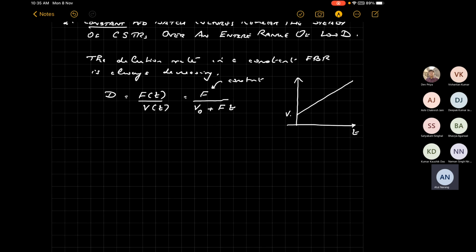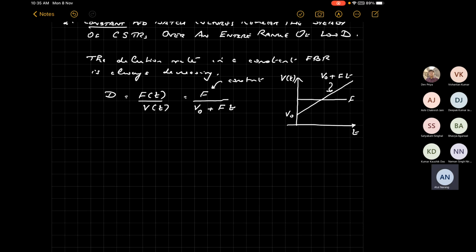This is V0 and this is V0 plus F of t. This is volume as a function of time. And flow rate is, of course, always constant. This is your flow rate, which is F, constant. Now that means that your dilution rate is obviously coming down as a function of time. You can see it mathematically. Now, can you see it physically?